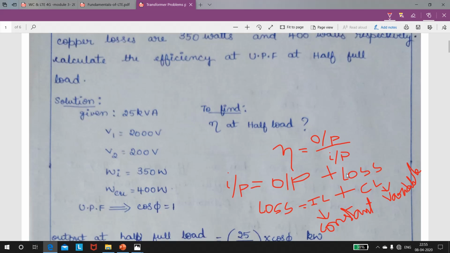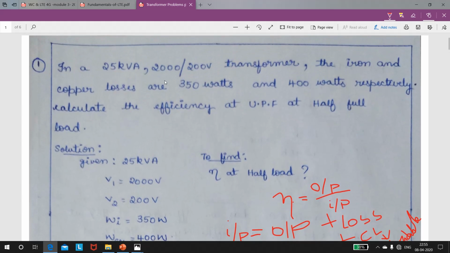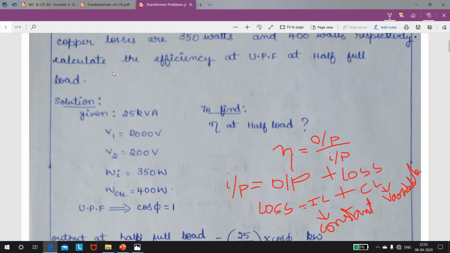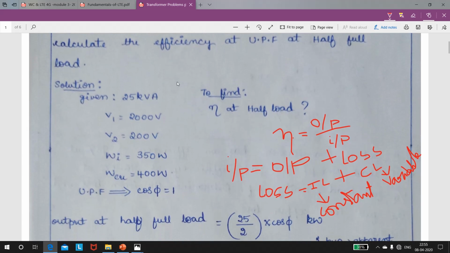Now they have asked you to calculate the efficiency at half load. So efficiency is equal to output by input. You have to calculate the output at half load and the input at half load. Whatever they give you in the problem is always for full load. Now you have to calculate the details for half load.